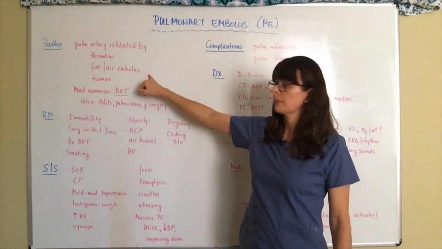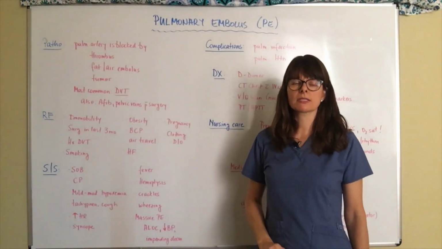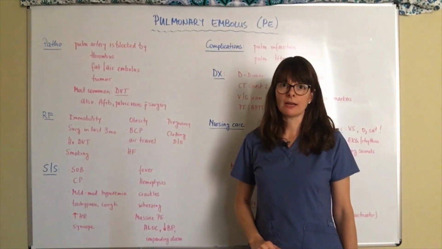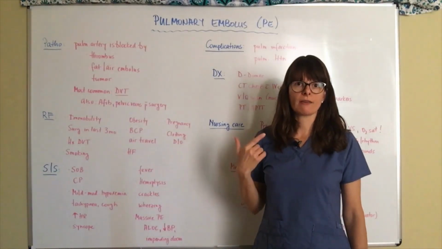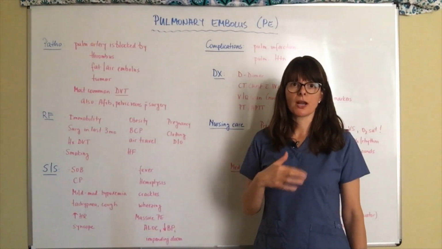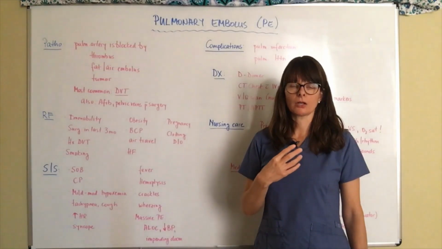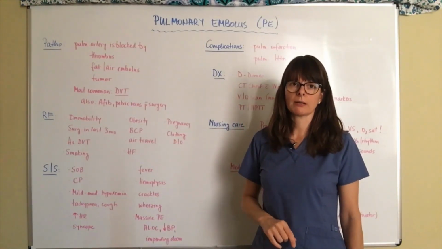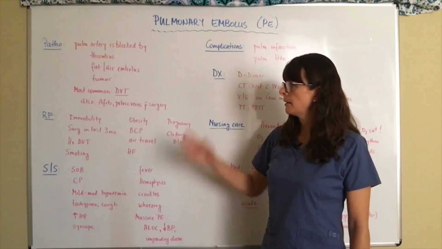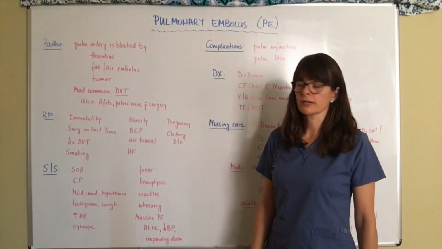An air embolus is basically the mishandling of an IV line. Air gets in the patient's IV line and travels up the vasculature, and this air does not allow blood flow to the lungs, and therefore it becomes obstructed. And certainly tumors can cause that as well.